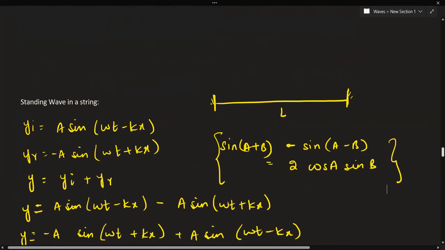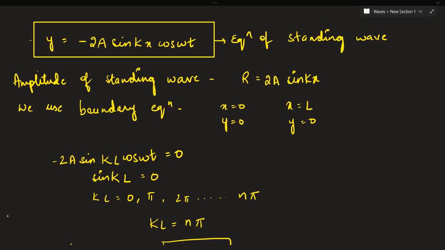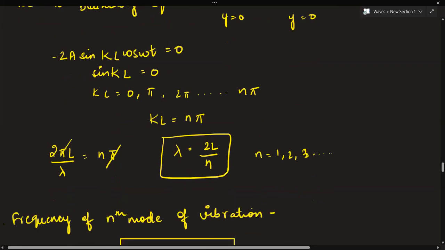This means this is at x equals 0, and this is at x equals L, because the length of the string is capital L. Now if I write minus 2a sine kL cos omega t, I can replace x with L. And for this one, y is equal to 0, so sine kL will also be equal to 0.